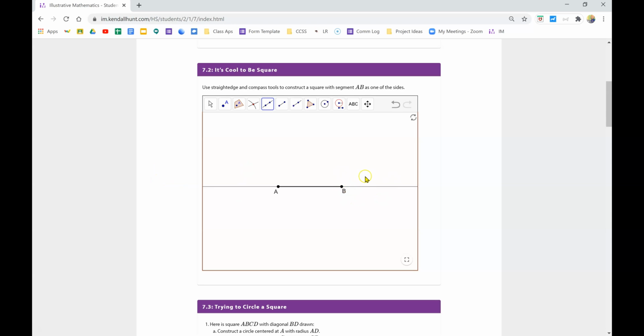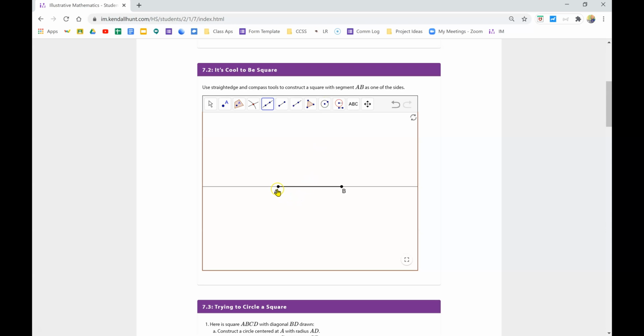Now, a square has 4 equal sides, and all 4 of the angles are right angles. So side AB has to be perpendicular to the other side that goes up and down through point A. So the first thing I have to do is draw a perpendicular line that's the same length as AB. And here's how you do that.